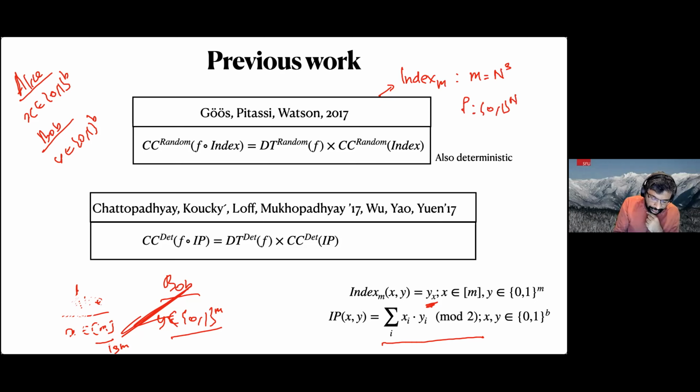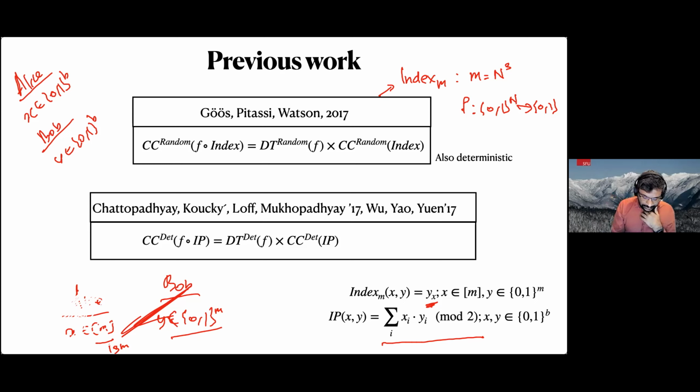So if you are trying to lift the query complexity of an n-bit function, we need a gadget which is polynomial in the input size of f. And although on Alice's side this is only logarithmic, on Bob's side this is exactly polynomial.